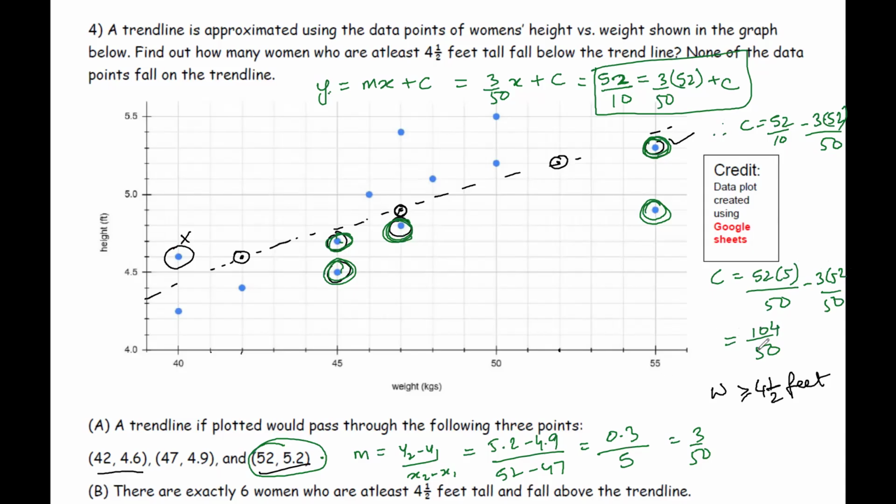Correct? So that is my c value. And then I get a perfect equation: y is equal to 3 by 50 x plus 104 by 50. This is the equation of the trend line.